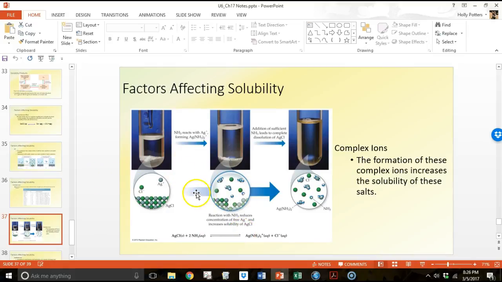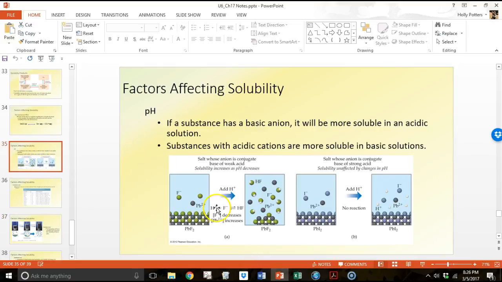And also for the calculation involving the pH, if you have to figure out which way the solubility is going, you can think about this as removing the silver ion concentration, or, as we talked about, removing the anion concentration.